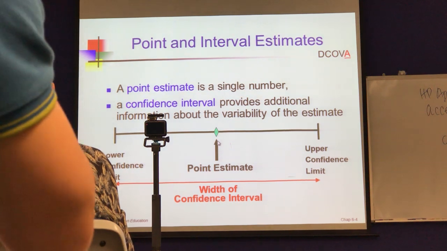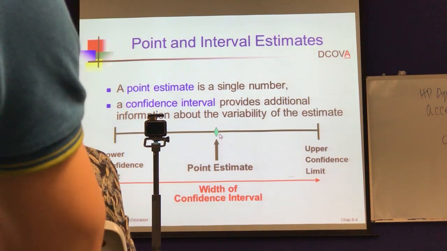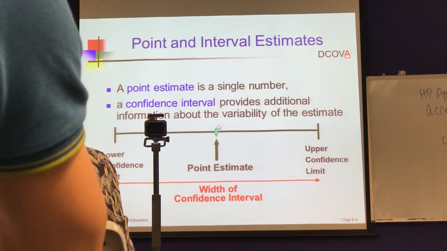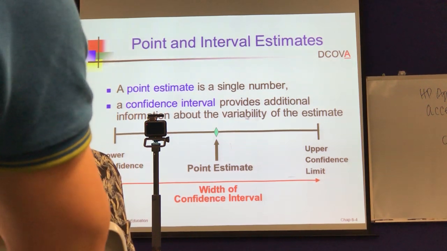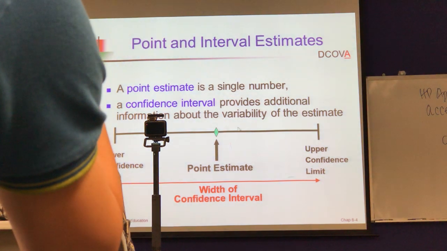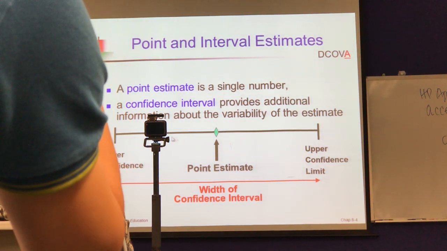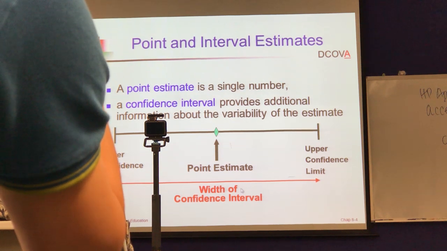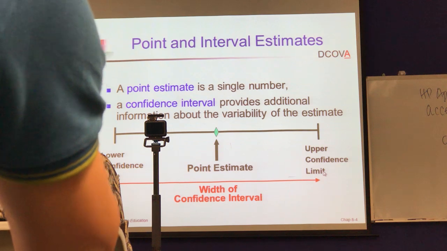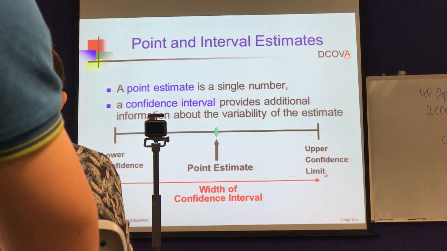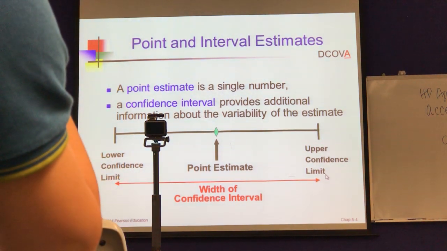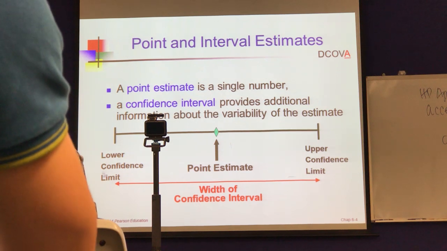X bar 50. We use 50 plus minus something. So the point estimate is just used as the midpoint to have plus minus. The plus minus, the whole interval, is what we call confidence interval. Your job is to find out the lower limit as well as the upper limit. Once you find out lower and upper limit, your job is done. This chapter ends. Actually quite easy, as long as you find out what's the lower limit.